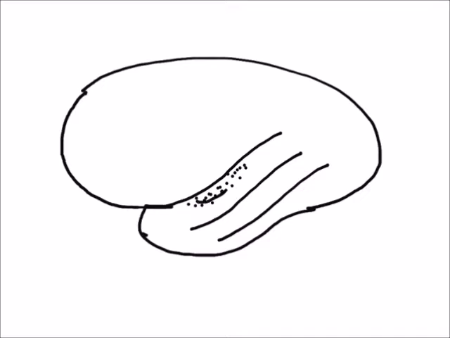This is the hearing center, the primary area for hearing, and the rest of the superior temporal gyrus is called the hearing association center, or hearing association area, or area 22.